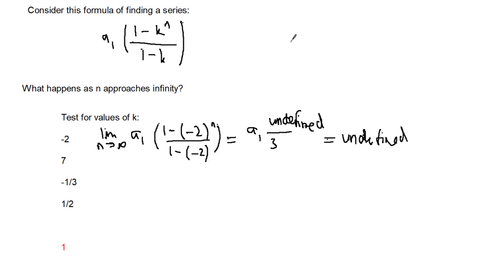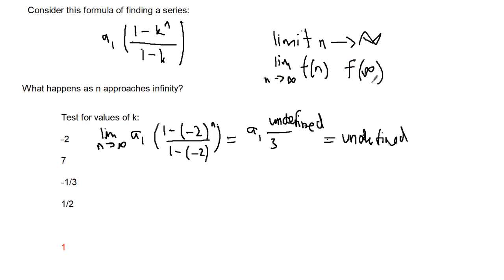The notation that we use is the limit as n approaches infinity. In f of n, we write the limit as n approaches infinity of f of n. We don't write f of infinity because infinity is not a number. It can't be in a sequence or a function if it's not a number. Infinity is not a concept of a number, it's a concept.